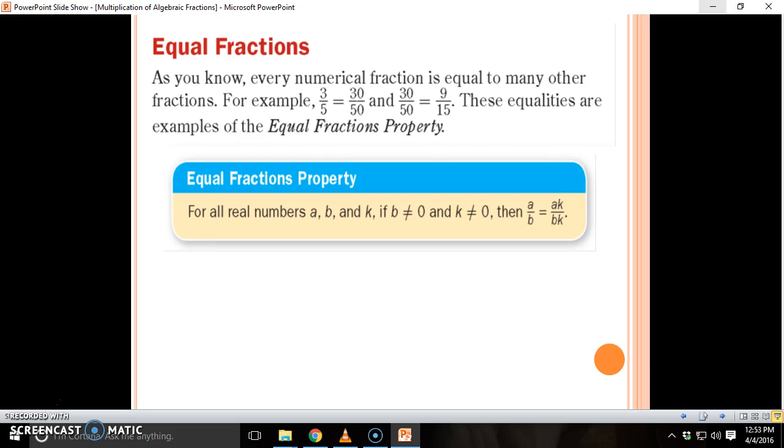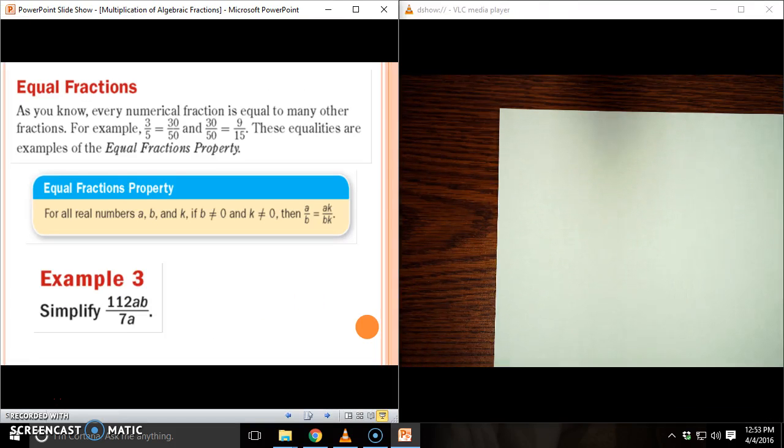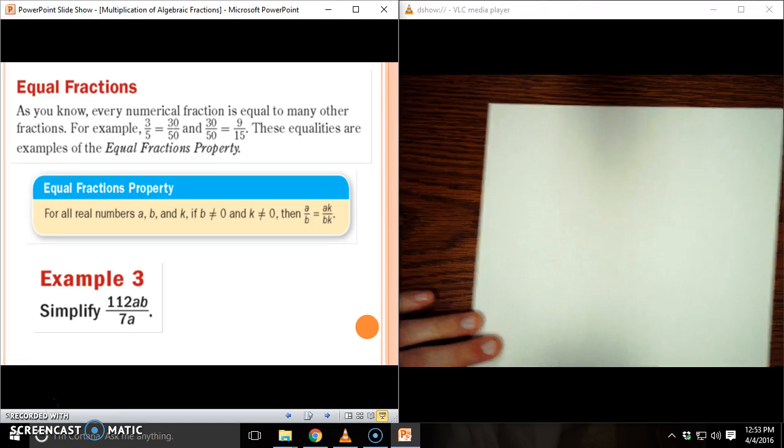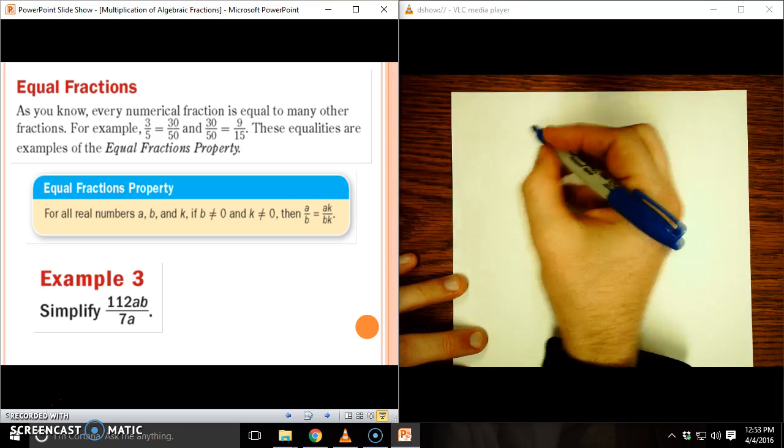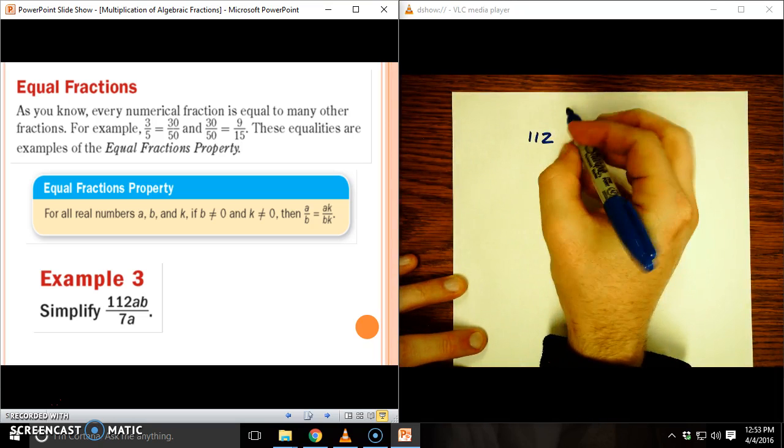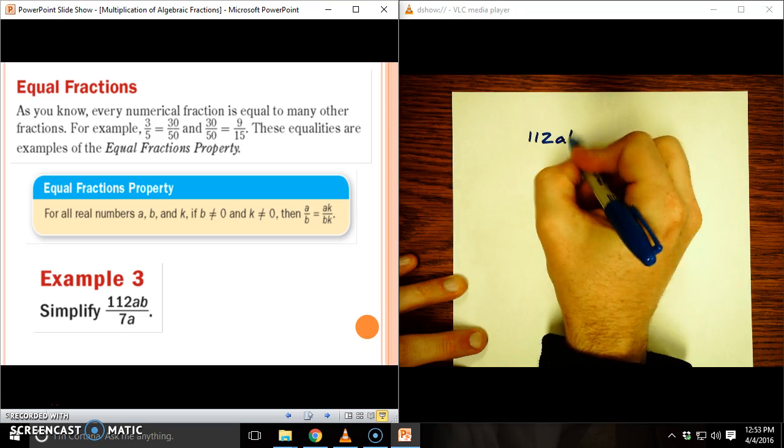The reason why I'm showing you this is because you'll have to sometimes simplify a fraction to lowest terms. And so dividing by the same number top and bottom, or multiplying by the same number top and bottom, will always get you an equal fraction. So if I have 112ab divided by 7a, I could simplify this by looking at, are there any numbers that can go into 112 and 7?